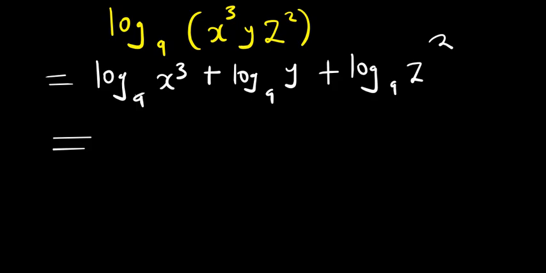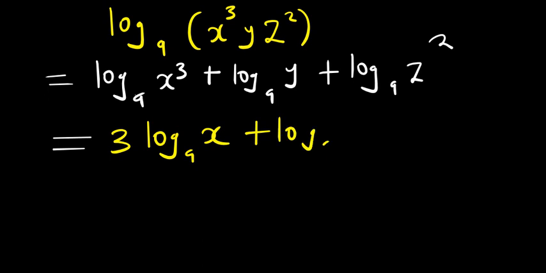Then if you have that, now you just need to solve. You just don't keep your powers like that, so your powers have to drop. They have to become coefficients. So I'm going to have 3 log of x, the base is a, plus this one is going to be maintained, log a, then there's y, plus we have a power of 2 there, it's going to drop, so I'm going to have 2 log, the base is a and z.